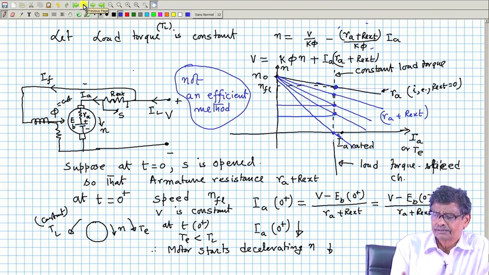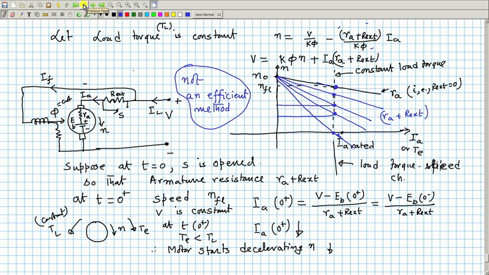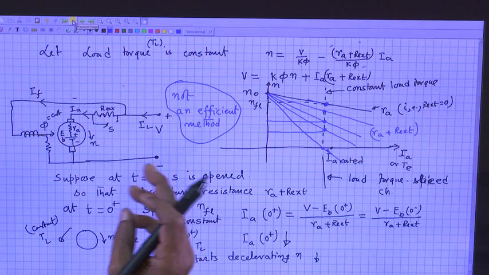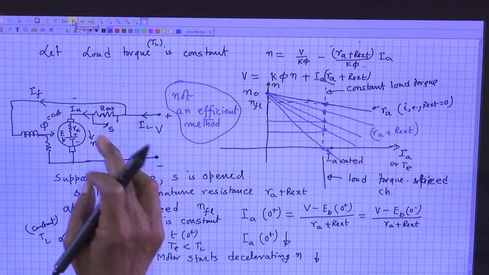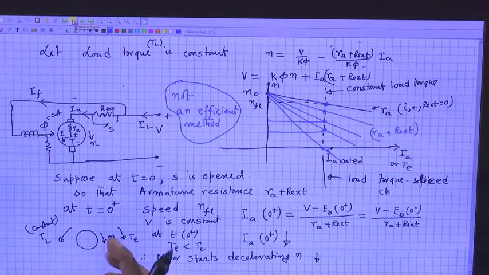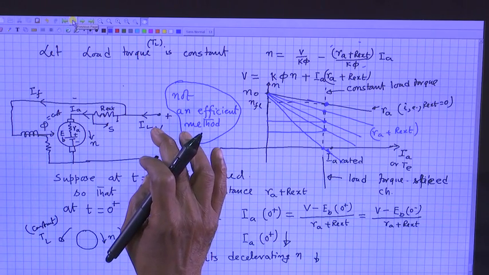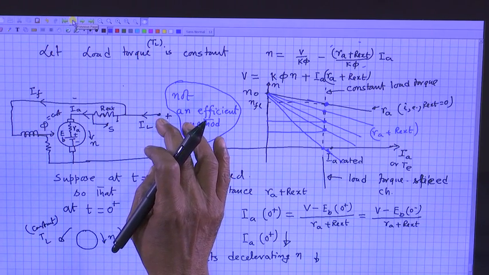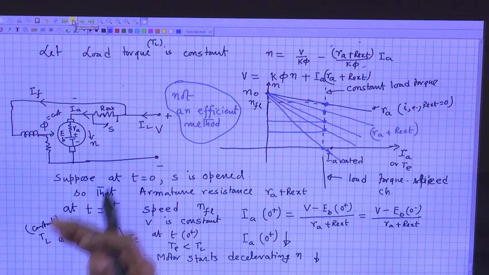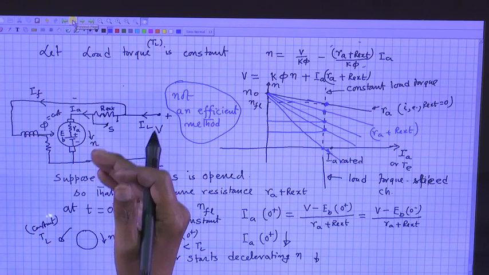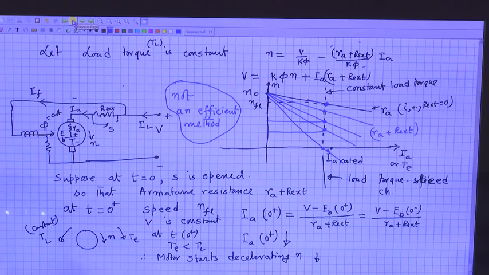Sometimes students get confused: armature control, okay, but here I am connecting an external resistance. Somebody may say you are applying lesser voltage in the armature circuit because of this drop, but that is not the good way of telling, because the armature circuit voltage applied is fixed; I am changing the external value of the resistance connected in the armature.